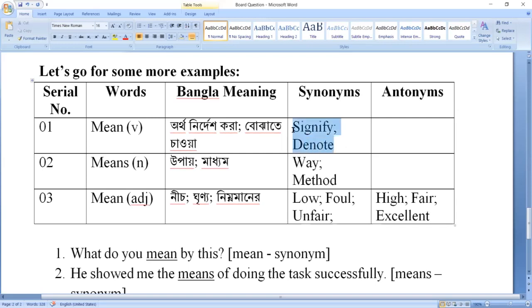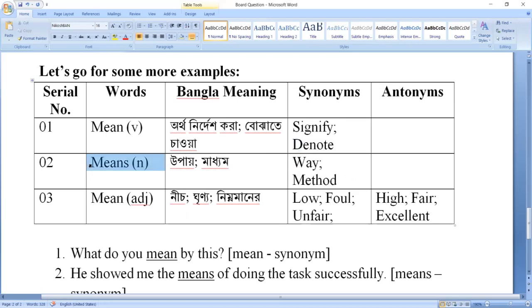So these 2 words are the synonym of the word mean as a verb. Then the word means here gives the meaning of উপায় অথবা মাধ্যম. That is, the synonyms of the word means are way, method, etc.